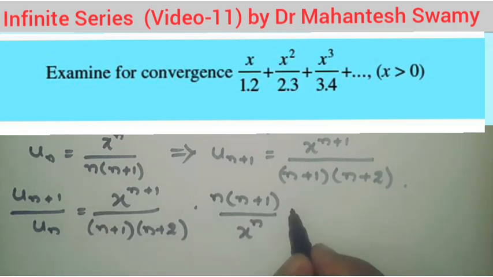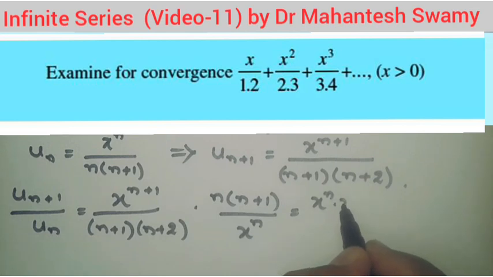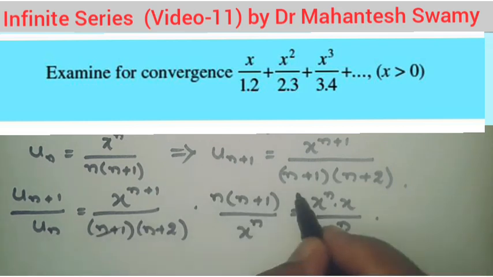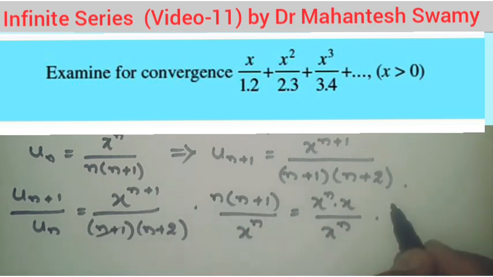Now we can simplify this by taking x terms together. So x to the power of n plus 1 can be written as x to the power of n into x, and this n plus 1 bracket cancels with this n plus 1 bracket, so it is n divided by n plus 2 remaining over here.